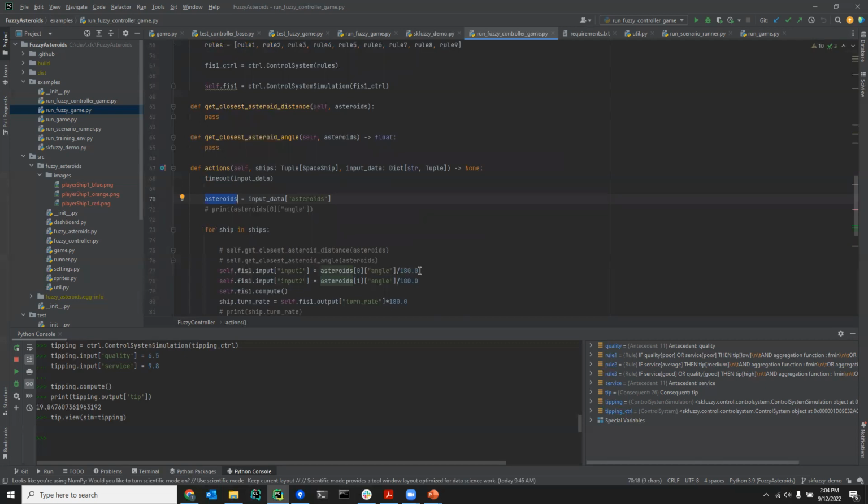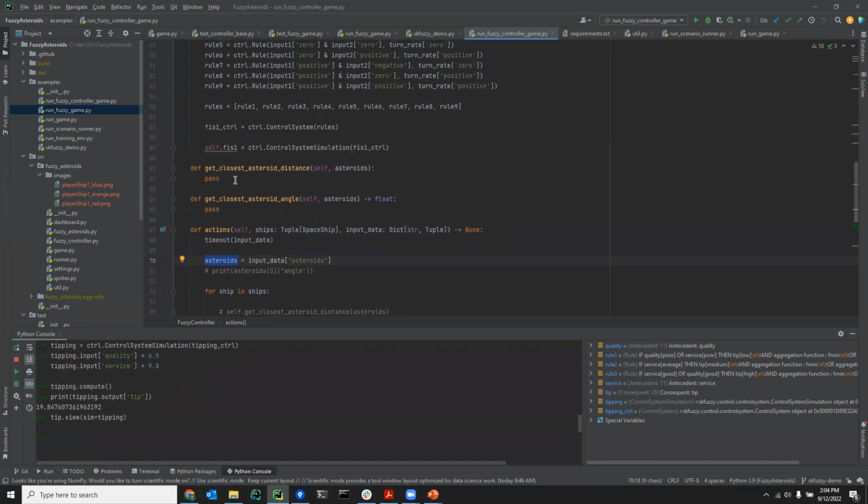Think about what metrics you may need to calculate in other places in order to create your AI system. Let's say you wanted to calculate something like the closest asteroid distance. That could be something that you would want to pass in to your fuzzy system, or use in combination with some other metric to calculate something else that then becomes an input to the system.